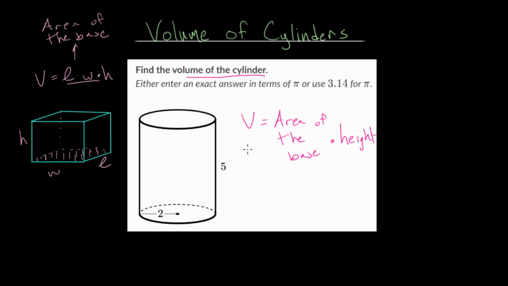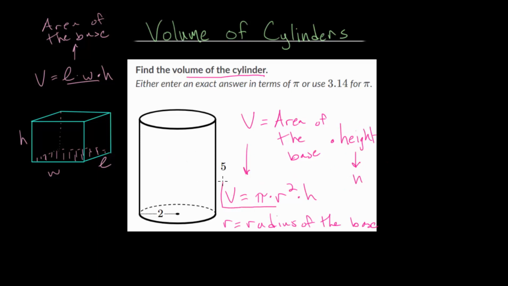So another way to write this, the volume of a cylinder is pi multiplied by the radius of the base, where, let me mark that down, r is the radius of the base, and we're going to multiply that by h, which is the height of the cylinder.